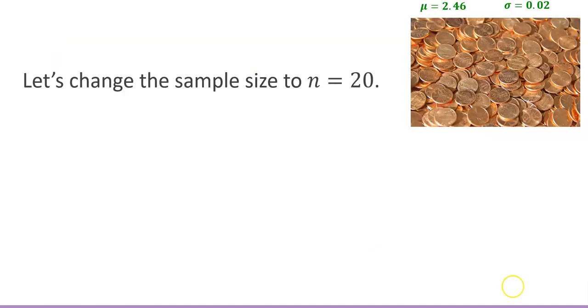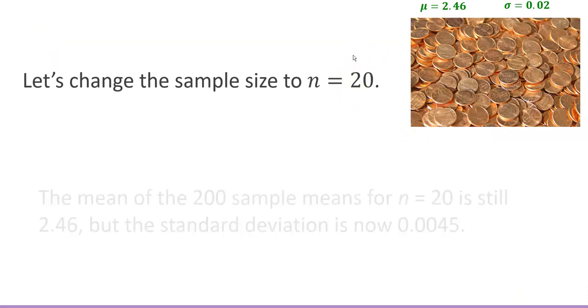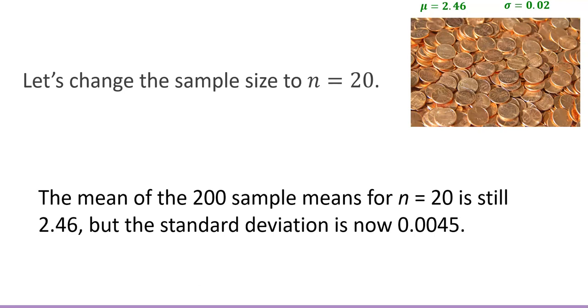So let's try to change the sample size to 20. Now we have 20 coins in each sample. Well, we'll find that the mean of 200 samples, now for the larger sample size, is still 2.46 grams. But the standard deviation now is 0.0045. So it's even less.